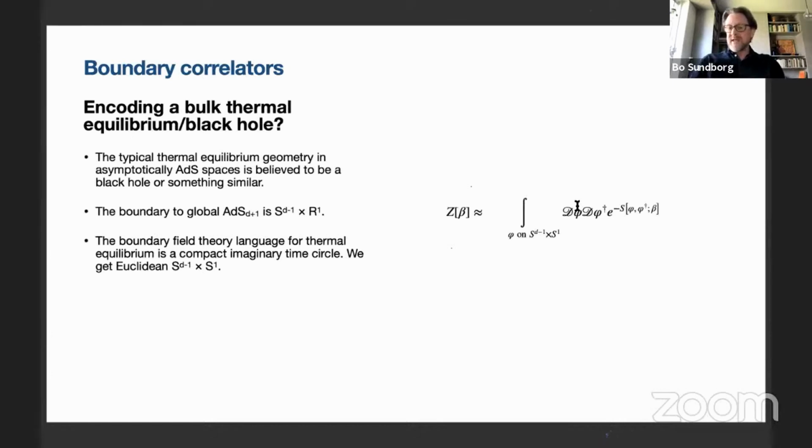Here, these fields are scalars, but they have something in common with the title of this conference, Quarks 2020, because they are in our example scalars, but they transform in the vector, the fundamental and the anti-fundamental representation of SU(N). So they're like quarks and antiquarks, although scalar versions of them.